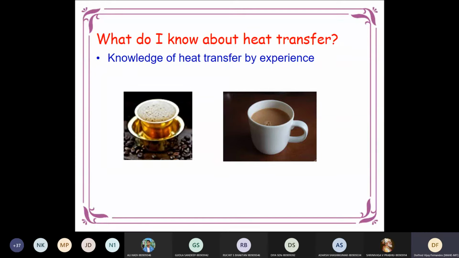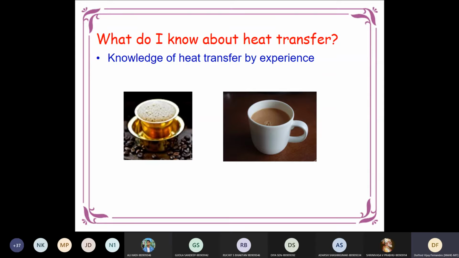Okay, I also discussed this just now. So what do I know about heat transfer? Everybody knows about this concept, like when you touch an object, it's hot or cold.